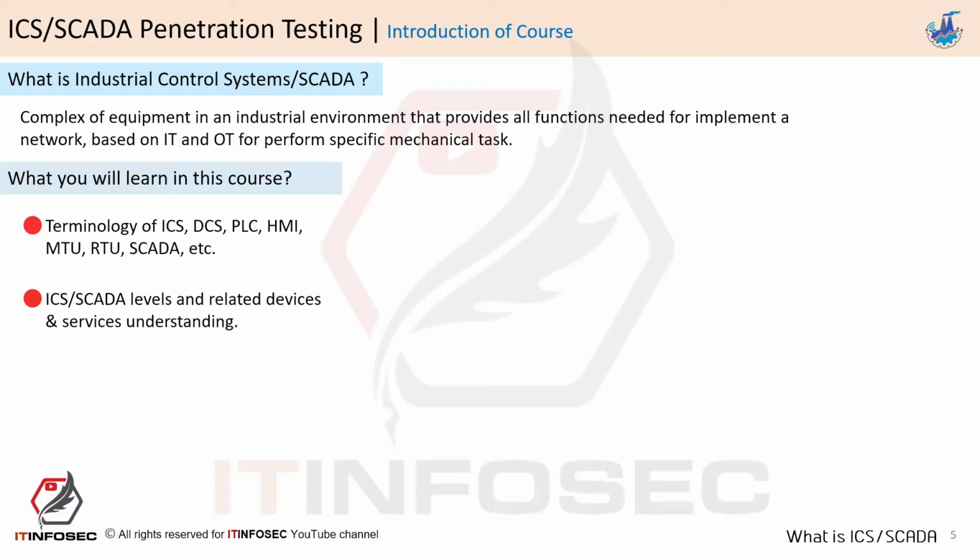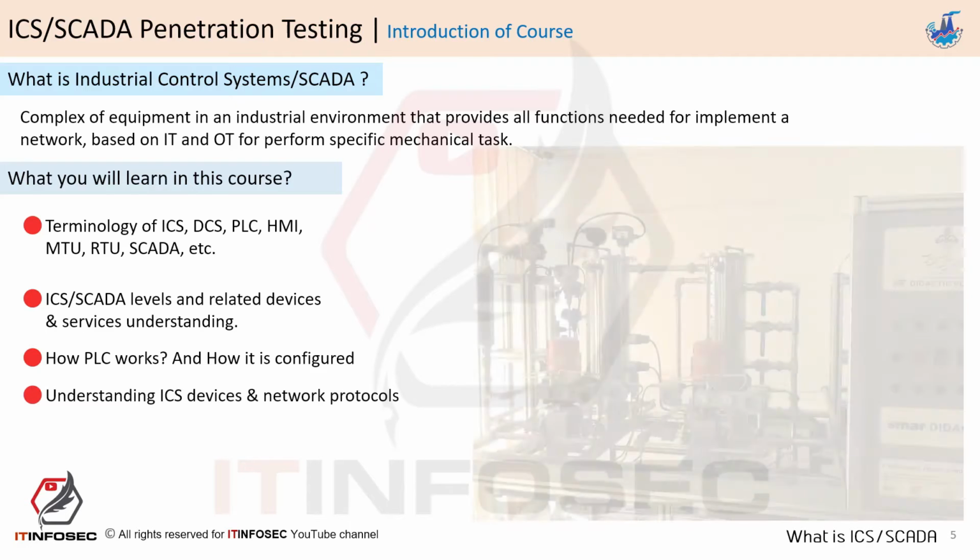Like that, in an ICS network we have similar items. We call them ICS levels. The levels contain various types of items, for example controllers, field devices, supervisory levels, databases, and many other items. We will describe all of that.